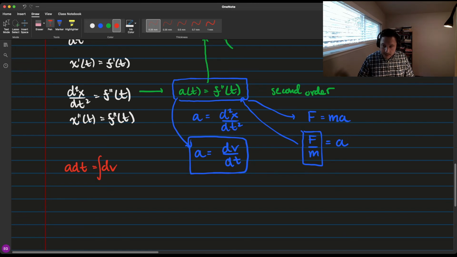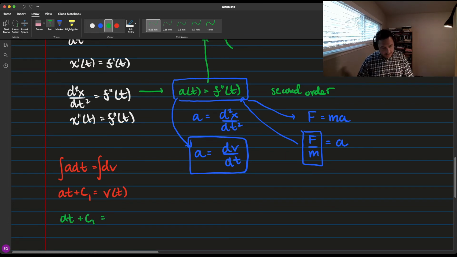You can then integrate. On the right hand side you get velocity. On the left hand side you get at plus some constant. You can now rewrite this: at plus some constant equals, well, the velocity is the derivative of x with respect to time.